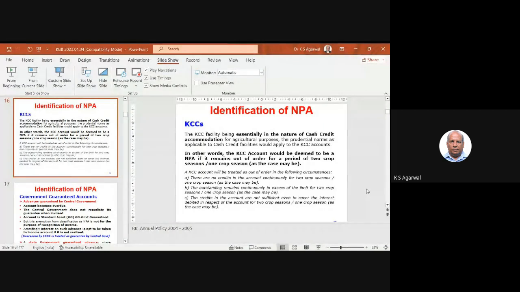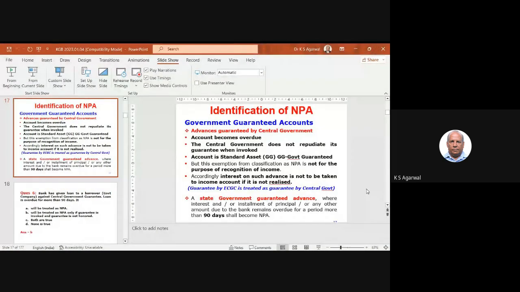So the 90 days period is replaced by 2 crop seasons or 1 crop season, depending upon the nature of withdrawal which we permitted in the KCC account. Now we come to identification of NPA in case of government guaranteed accounts.